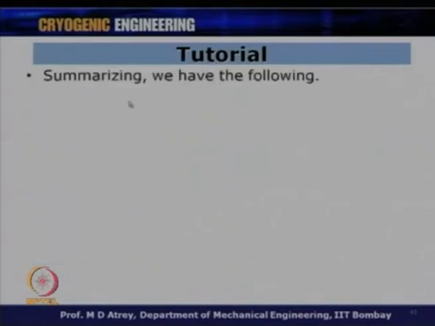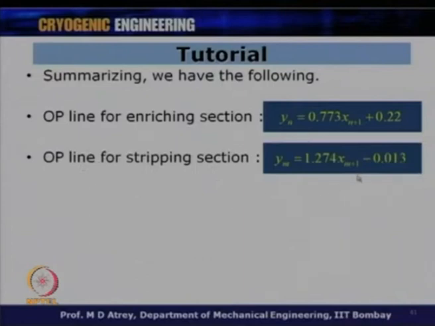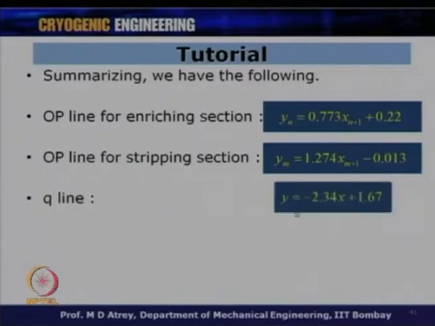In summary, before I go to the graphical solution, I need to know what my equations are. Operating line for enriching section is given by this equation, slope 0.773, y intercept 0.22. Operating line for stripping section is given by this, slope 1.274, y intercept is minus 0.013, and q line y is equal to minus 2.34 x plus 1.67.